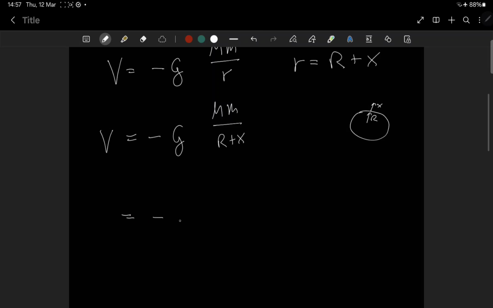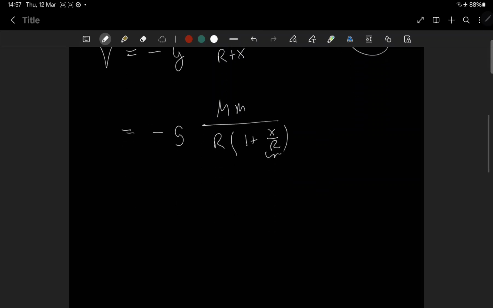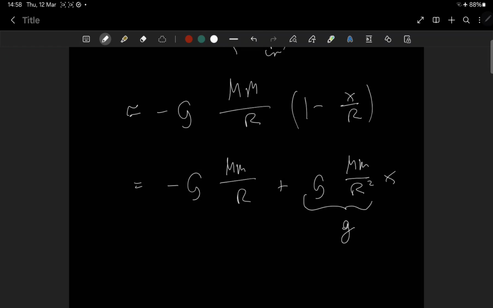Now we can write this as minus G capital M small m over R times 1 plus x over R. The reason I do this is because if x is much smaller than capital R, then I can use the binomial expansion, an approximation, which is roughly minus G capital M small m over R times 1 minus x over R. So this equals minus G capital M small m over R plus G capital M small m over R squared times x. Now note that this expression here is just a constant, and we say that this equals g.